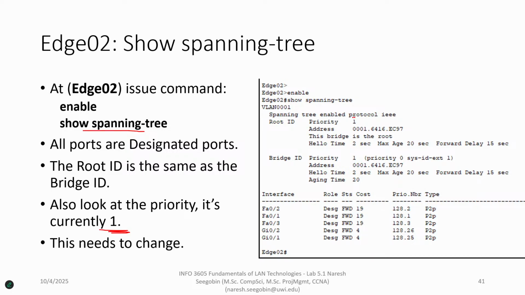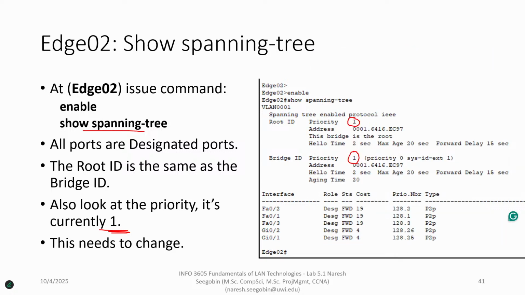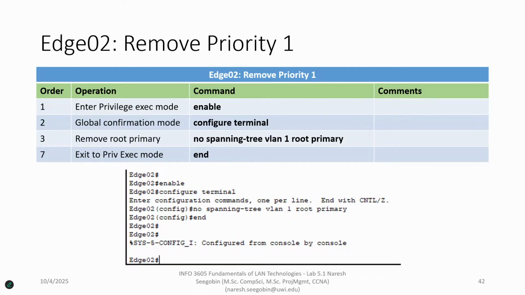So this would have been a previous screenshot setup. So it's different from what it is currently. So it's not 1, it's actually 24577. I should fix that. Yeah, it needs to change. So we can actually remove priority 1, or we're going to remove primary.